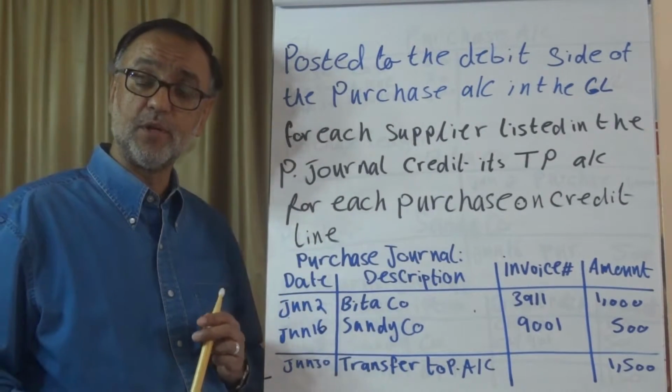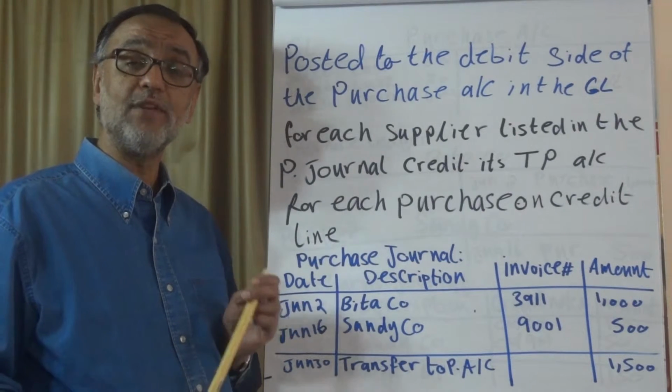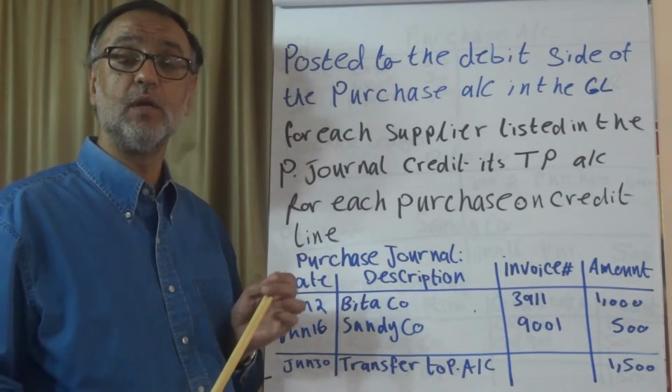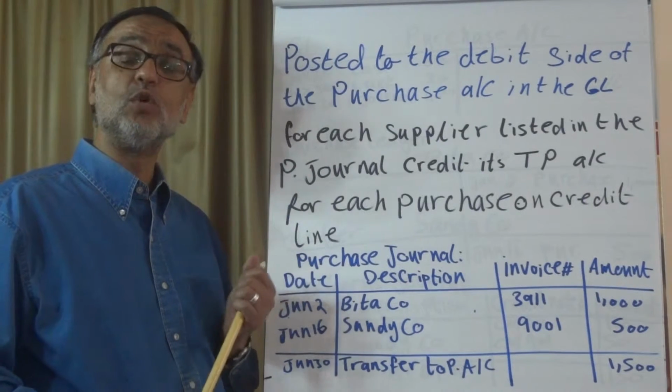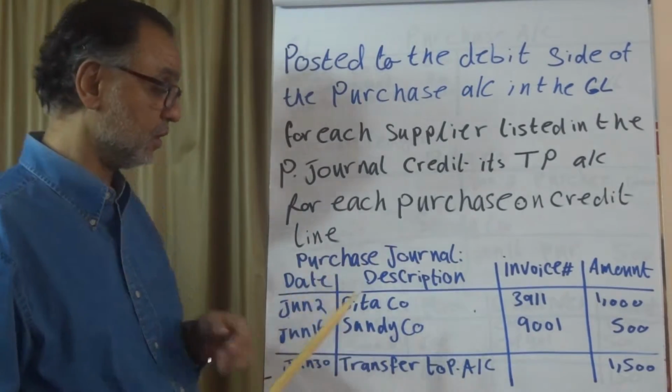So we have the purchase journal, we record entry by entry, but every entry has to be posted to the trade payable account, while the total of the purchases journal is posted to the purchase account in the general ledger.